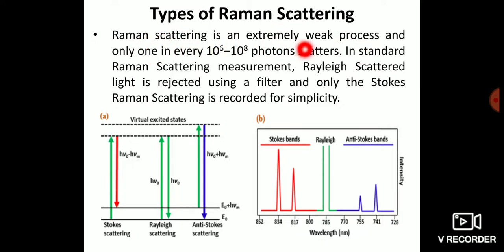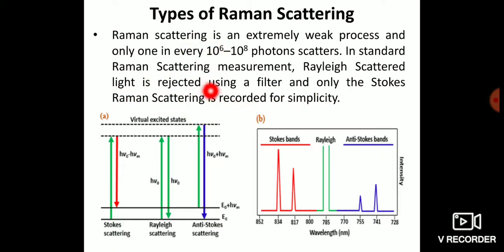Only one in every 10 to the power 6 to 10 to the power 8 photons undergoes Raman scattering, right? So in standard Raman scattering measurement, Rayleigh scattered light, which is scattered completely without any energy change, is eliminated through a filter, and only the Stokes-Raman scattering is recorded for simplicity.